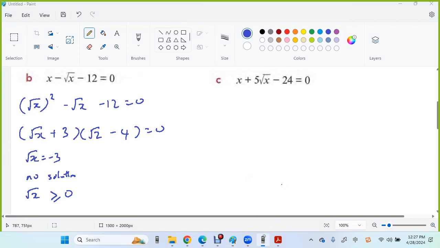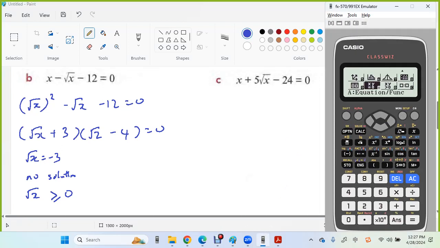We have the square root of 9 is 3, square root of 1 is 1, and the square root of 0 is 0. But if I have a square root of negative 1, it's a math error.